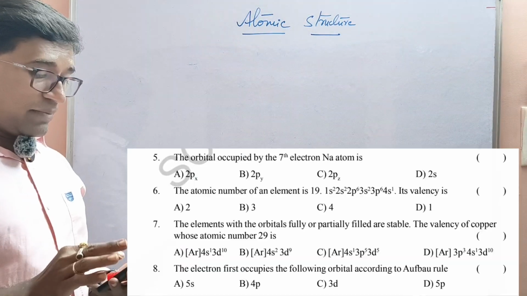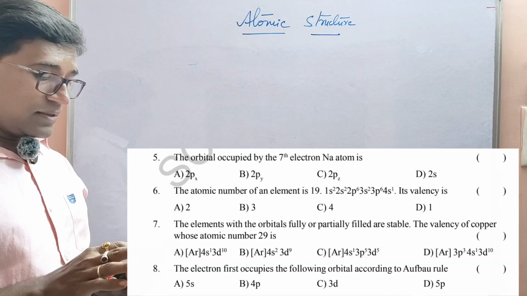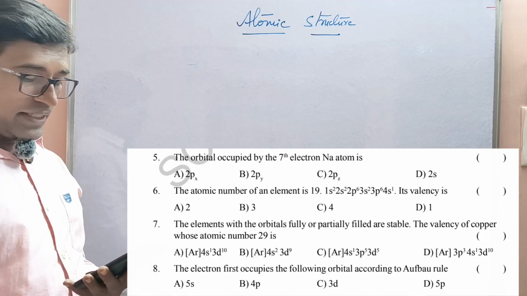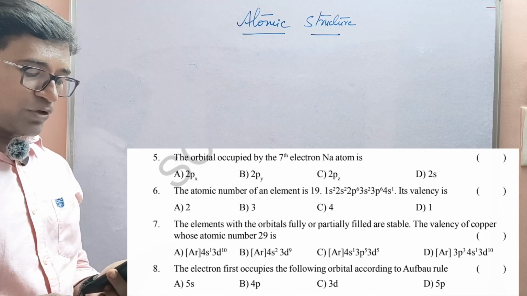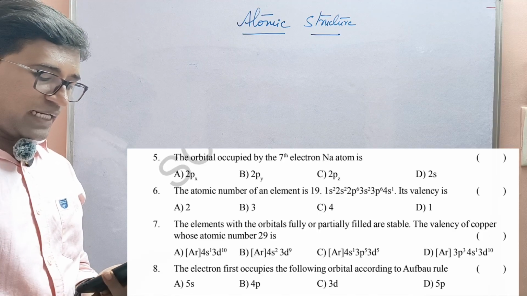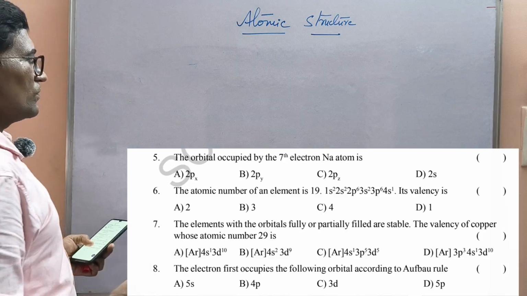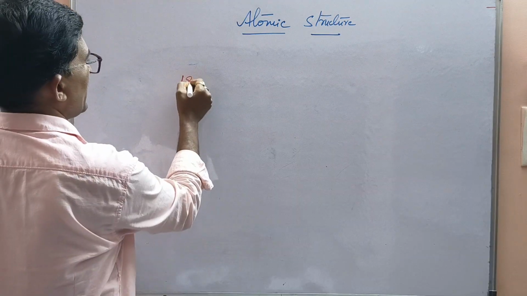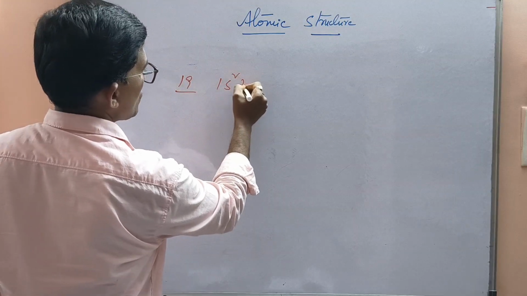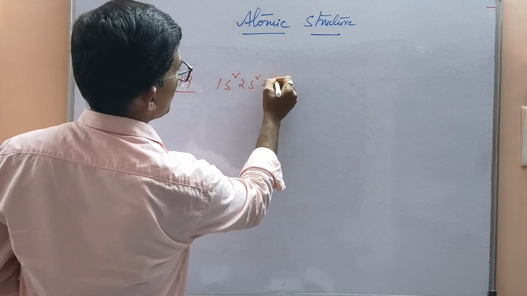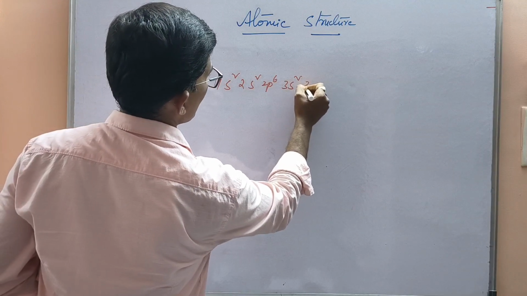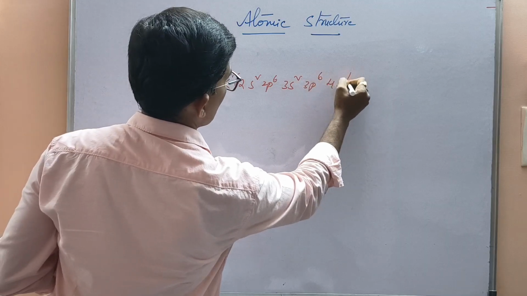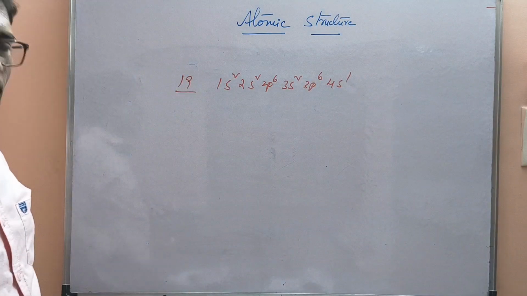The atomic number of an element is 19, and the electronic configuration is 1s2, 2s2, 2p6, 3s2, 3p6, 4s1. What is the valency of this element?